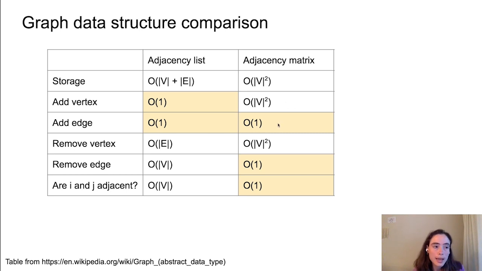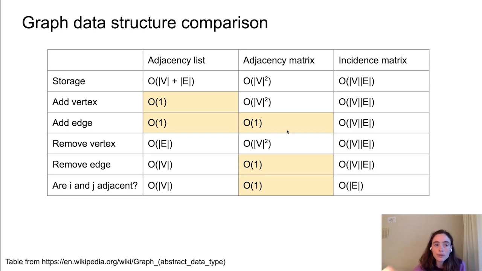But adding an edge can also be done in constant time, and removing an edge can actually occur in constant time, which is faster than in an adjacency list. And if we wanted to determine whether there's an edge between two vertices, that is also much quicker in an adjacency matrix than an adjacency list.